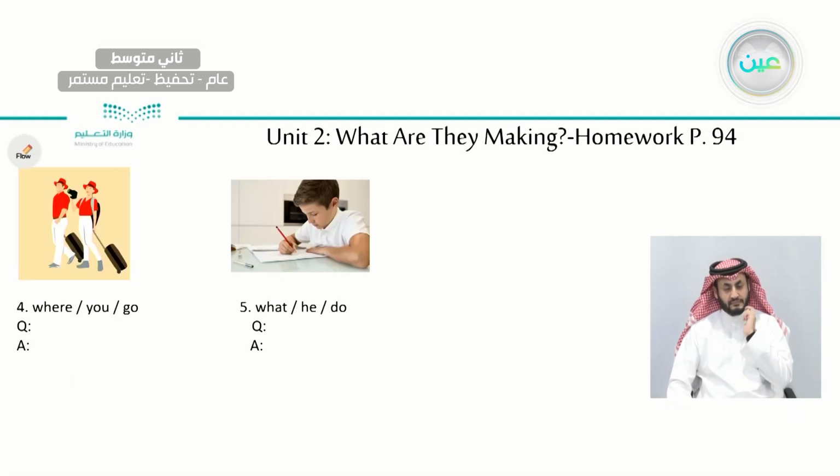Number 4, you have a man going. Where is he going? He's holding a bag, luggage. And you form a question. And you have a boy. What is he doing? Then you write a question and an answer.